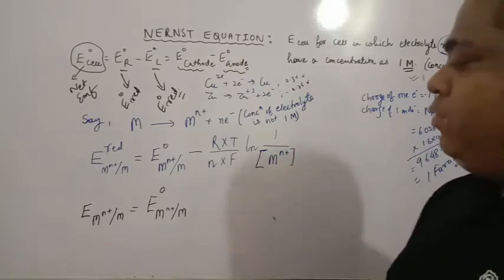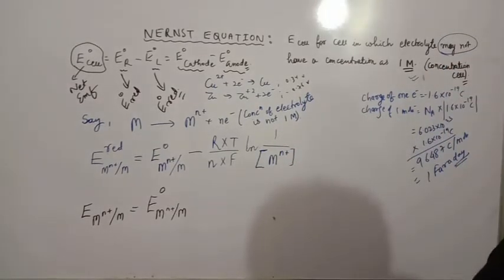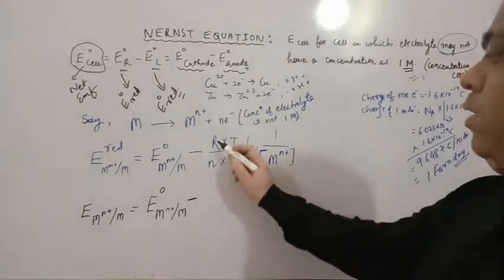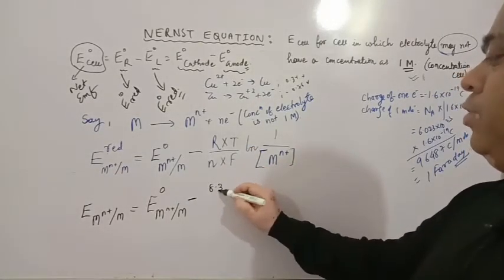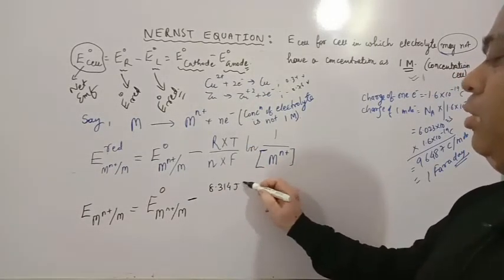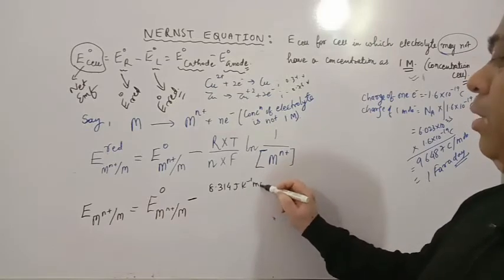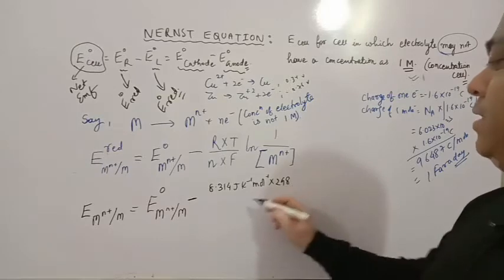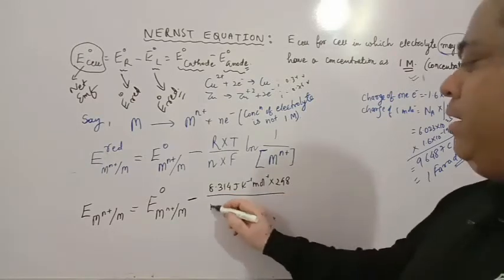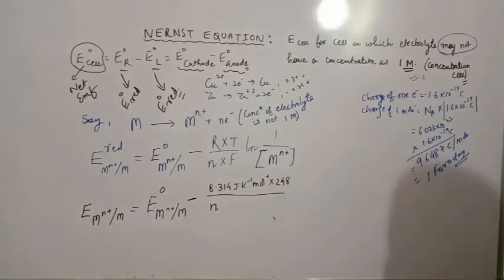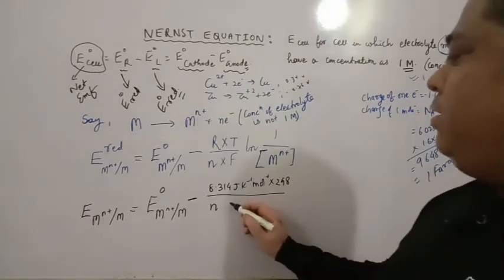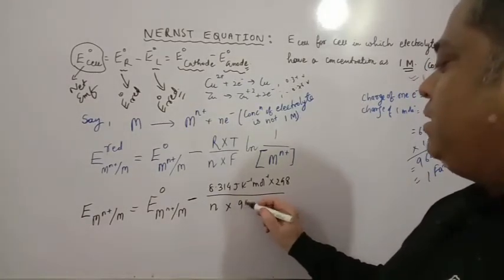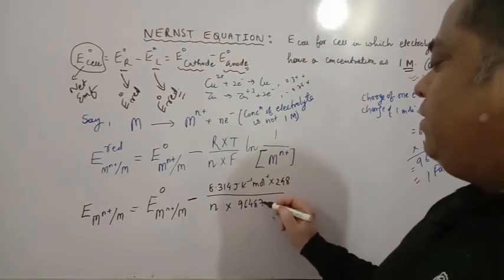Similarly, we can get this value from the electrochemical series. Minus, the value of R is 8.314 joule per Kelvin per mole. Temperature is 298 Kelvin. n could be anything, any number of electrons gained or lost, and 1 farad will be equal to 96487 coulomb per mole.